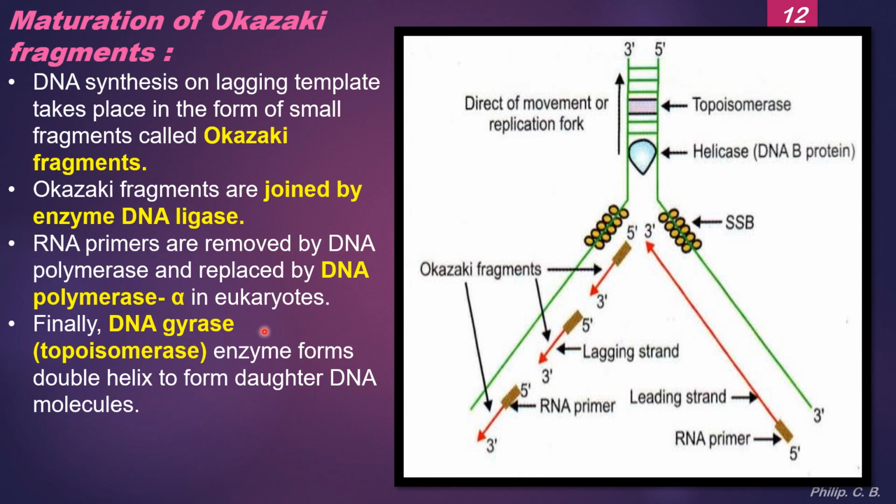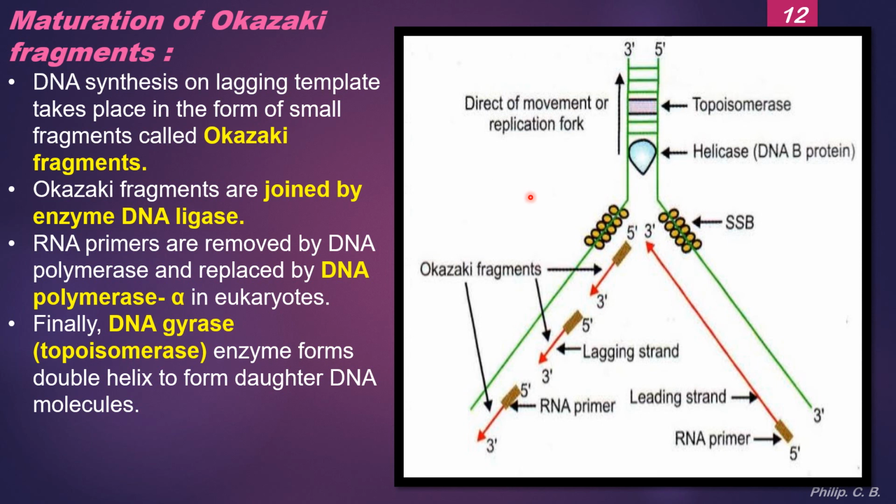Finally, DNA gyrase or topoisomerase enzyme forms the double helix to form the daughter DNA molecule. As you saw, the DNA gyrase or topoisomerase enzymes help in the formation of the double helix to form the daughter DNA molecule.